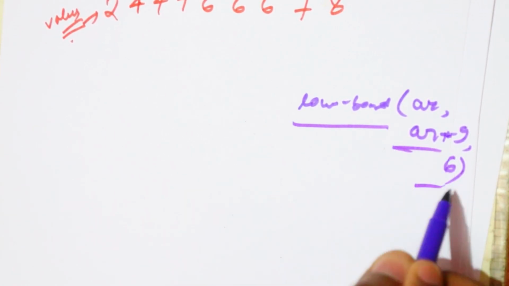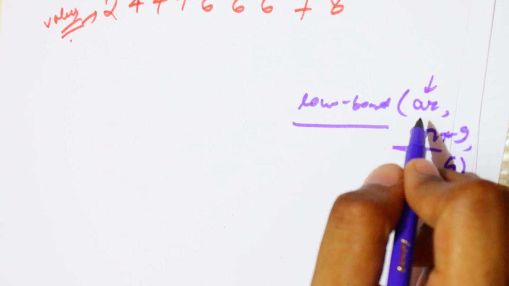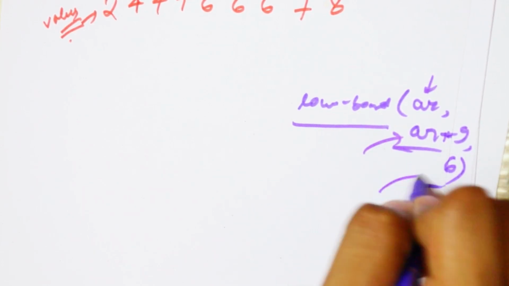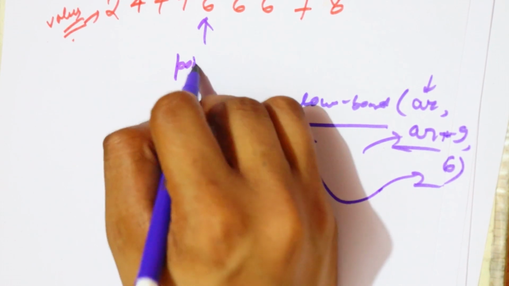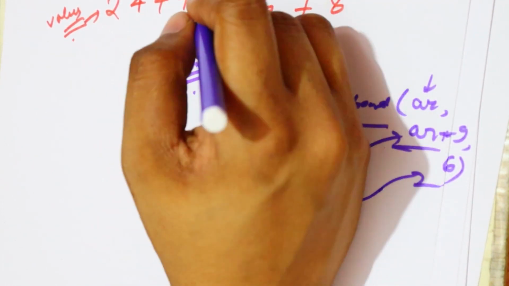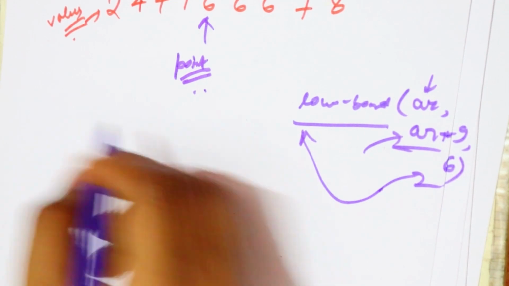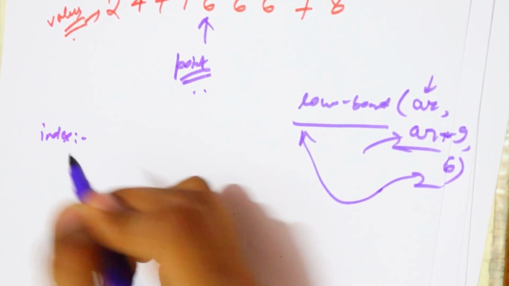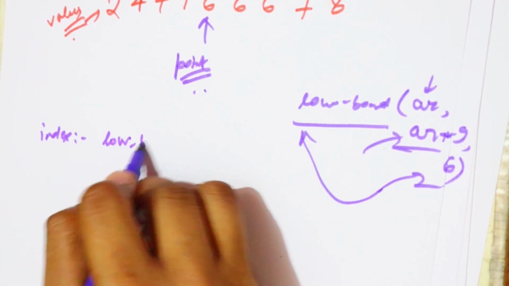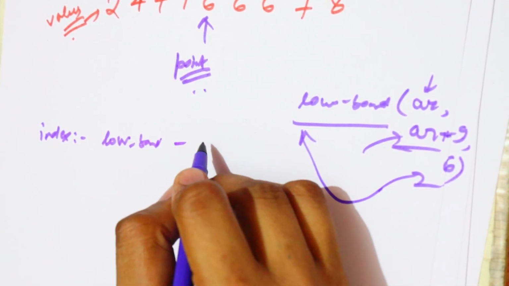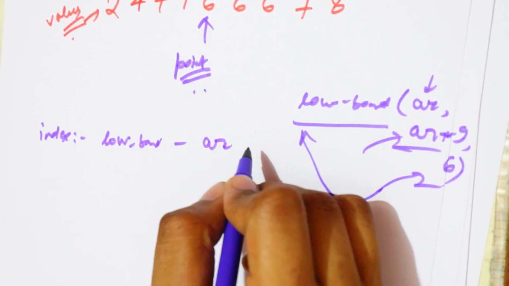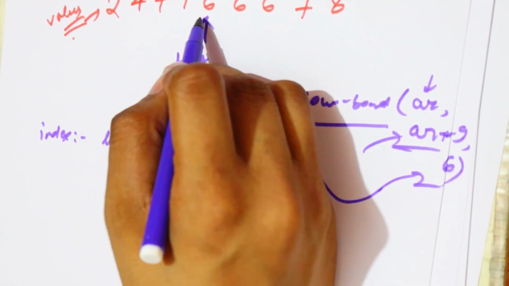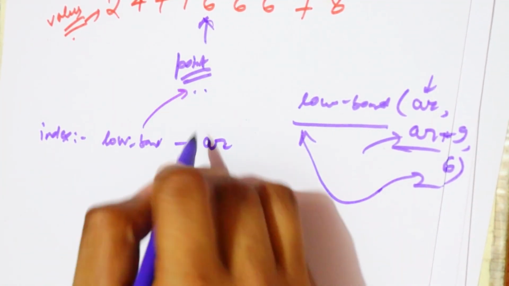So this is how we write it: array initial, array final, and the value we want to search the lower bound for. The lower bound will point to this element, the index 4. If I want the index, I will write the same thing, lower bound, the whole thing here, minus AR, so that it will do this and it will do this.